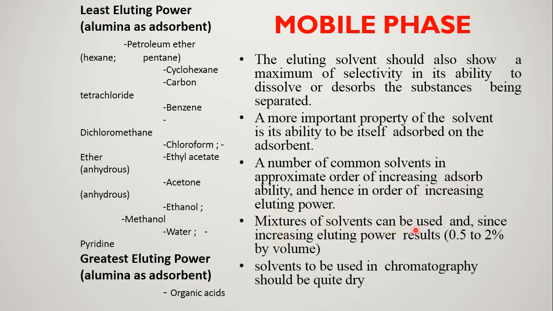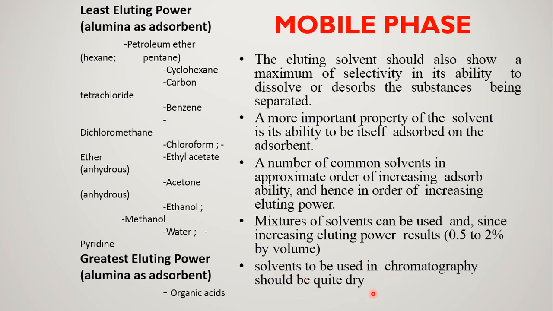Now a mixture of solvents can also be applied as I discussed earlier, and the eluting power increases by 0.5 to 2% by volume when we use a mixture of solvents where our sample has components which have different polarities.